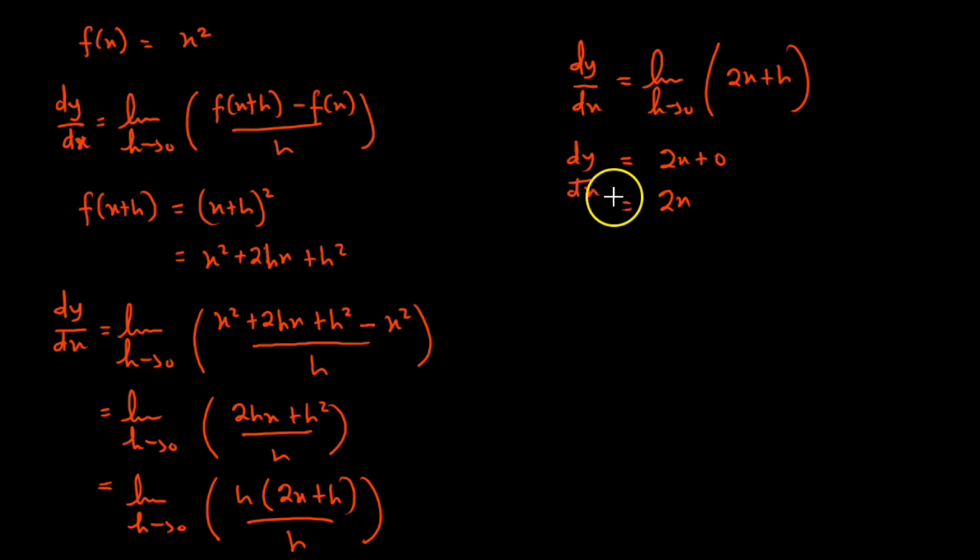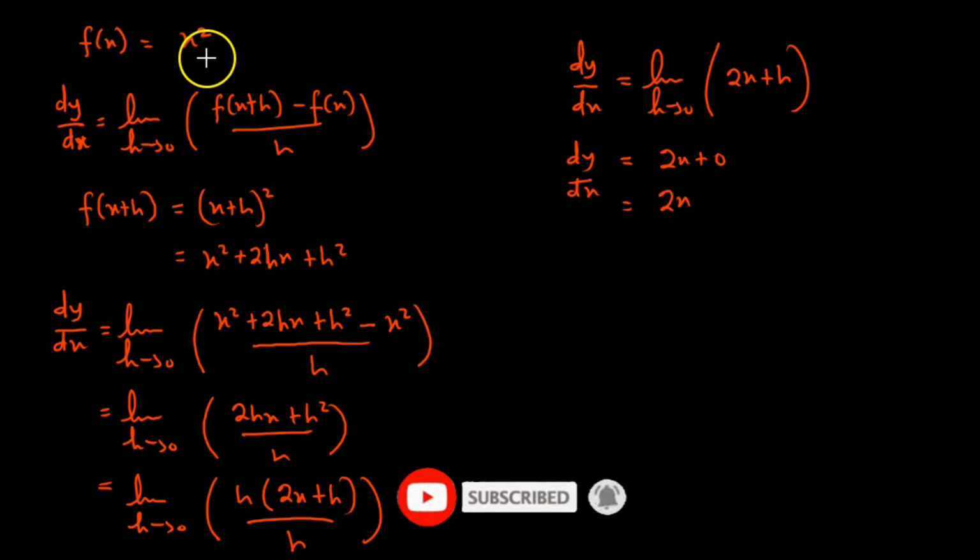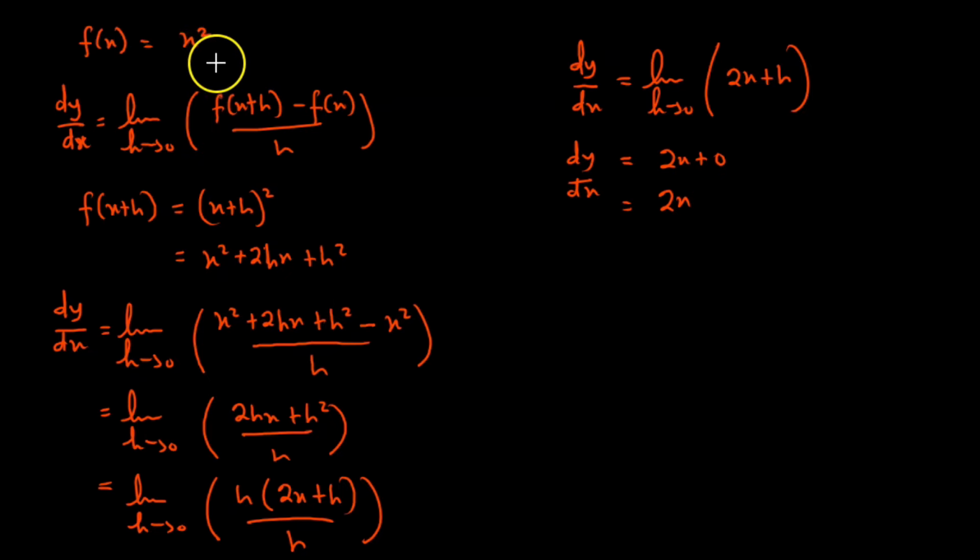So it tells you that the gradient on the curve x squared will be established as 2x, meaning whatever value of x is substituted into this expression tells you the corresponding gradient automatically. So that is another way you can find the gradient on a curve at a given point.